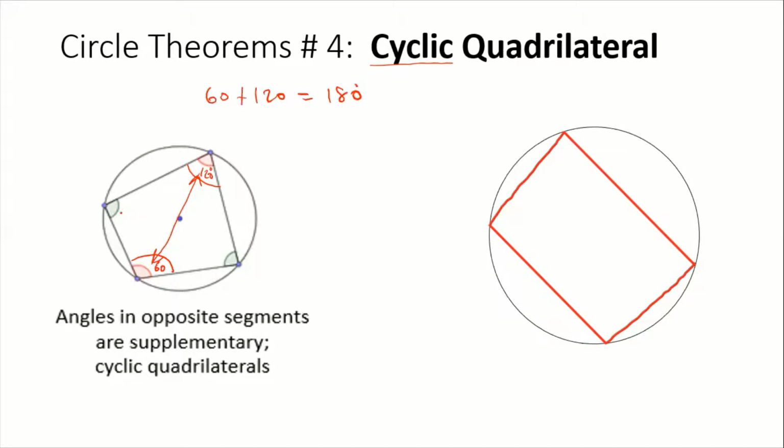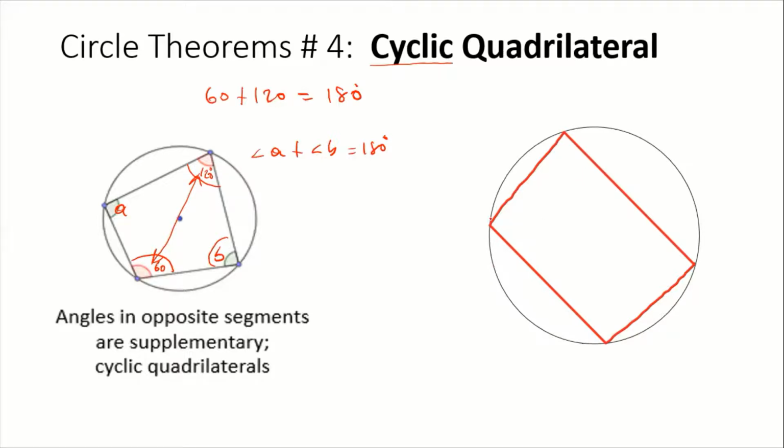If this angle over here is A and this angle over here is B, then this implies that angle A plus angle B must equal 180 degrees. Now, let's look at a real example where we are calculating some values.